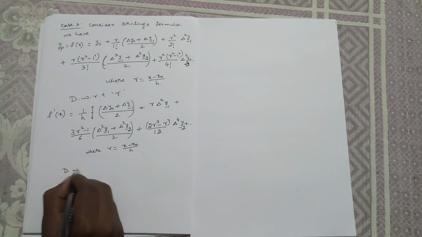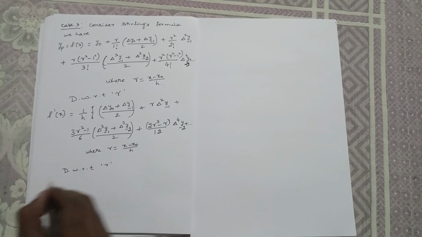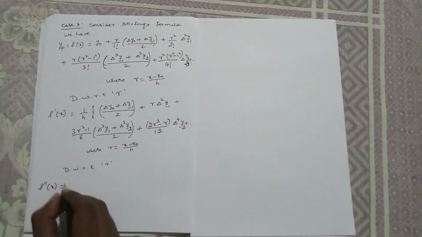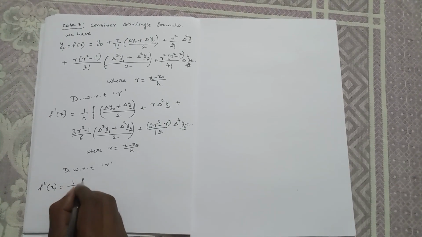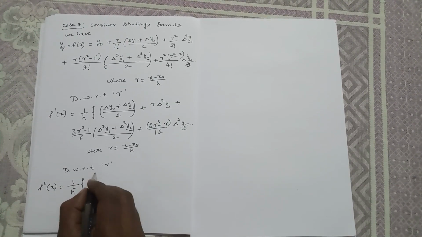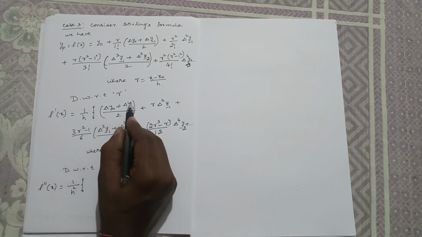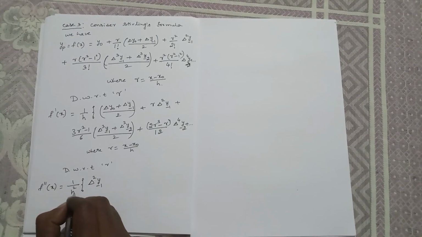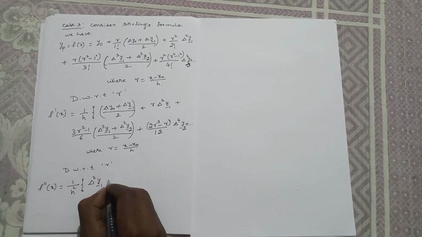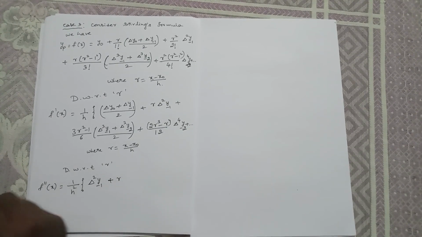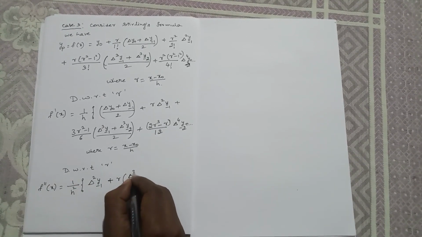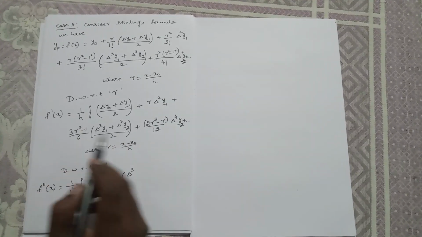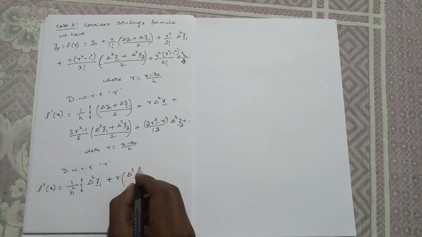Again if you differentiate with respect to r, you will get the second derivative. I will write the formula directly. So 1 by h square into, here r is not there, so this becomes 0. If you differentiate, what you get? Delta square y suffix minus 1, and here you will get plus r into delta cube. Here you will get 6r divided by 6, so 6 cancels, only r remaining.